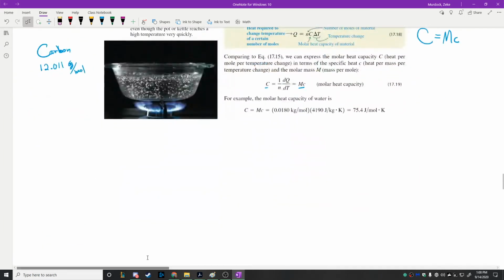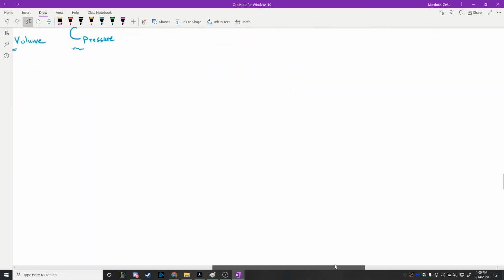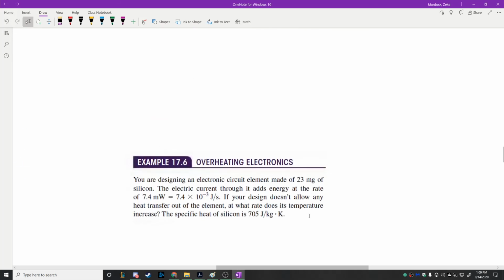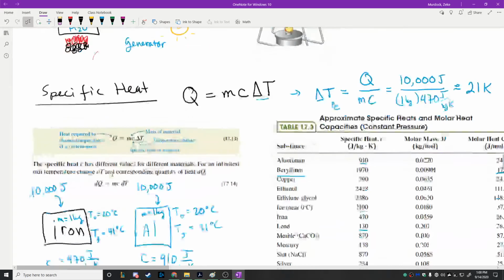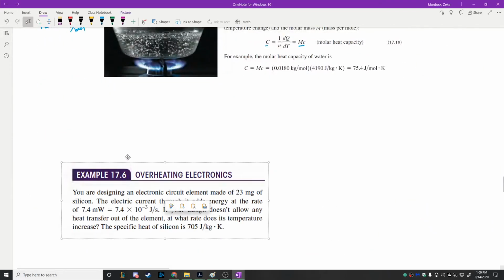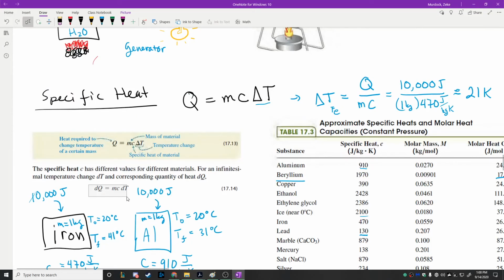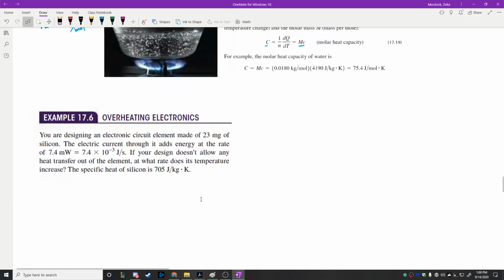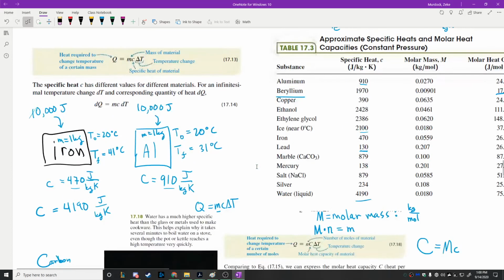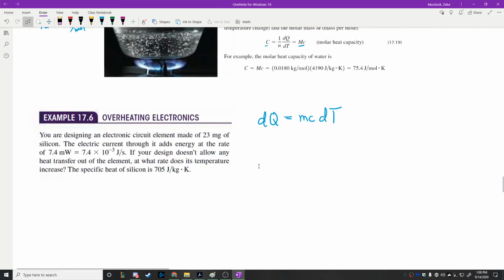I want to do one problem real quick. This one's also from your textbook. This will be the last thing we do, and then we're going to stop. And for this one, we're going to need this version. So I'm going to write it down here. All right.